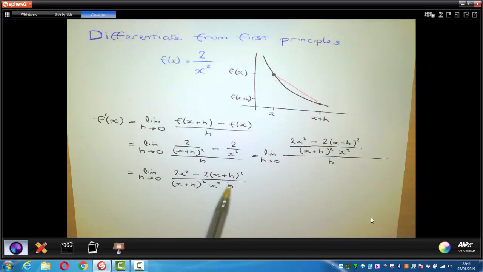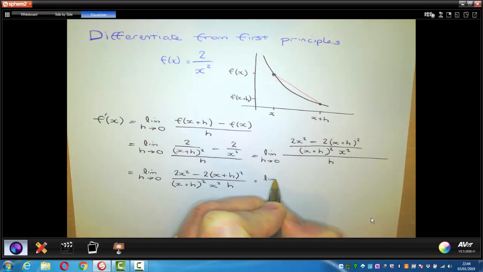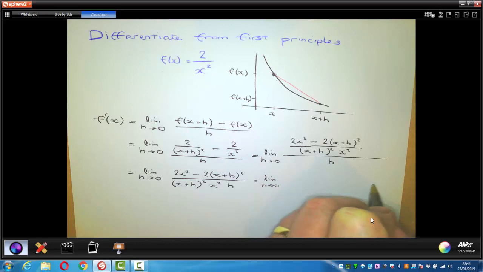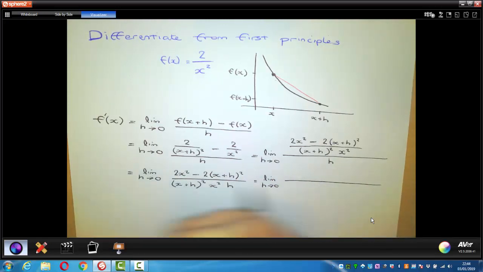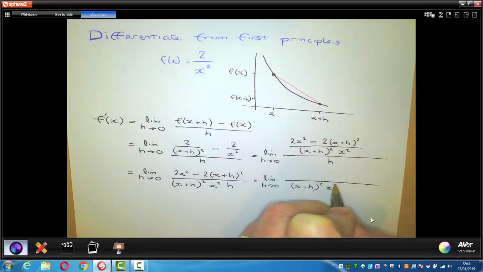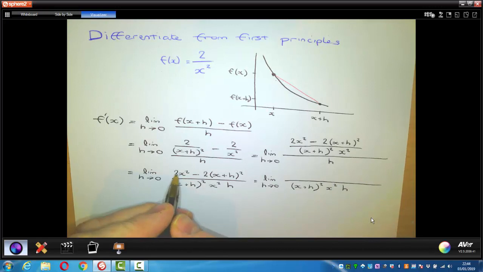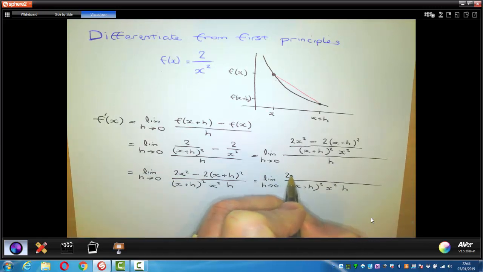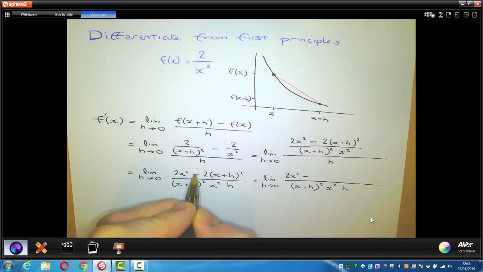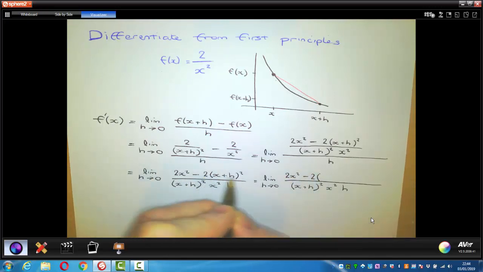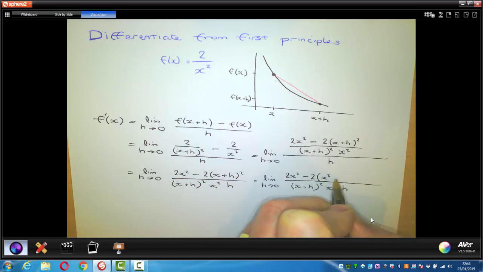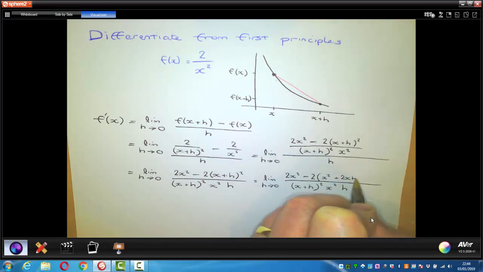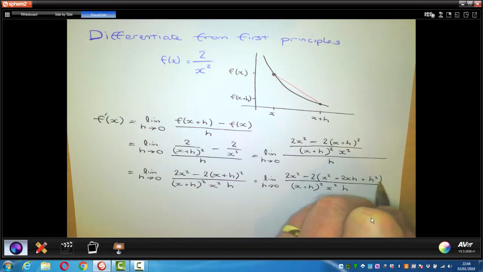We'd get 0 on the denominator and indeed 0 on the numerator. Let's instead expand out our numerator. So denominator x plus h all squared x squared h. Numerator, well, 2x squared, and we subtract off 2 times x squared plus 2xh plus h squared.